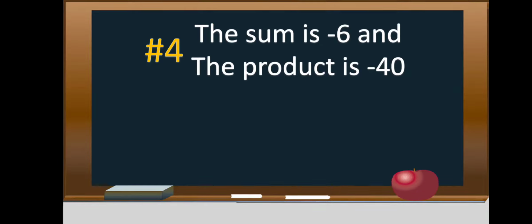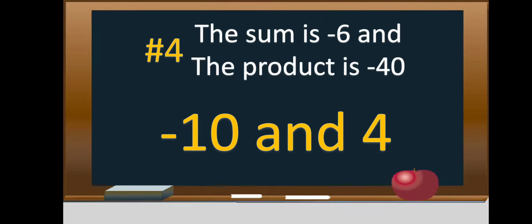Number 4. The sum is negative 6 and the product is negative 40. What are the numbers? Good. That is negative 10 and 4 because negative 10 plus 4 is negative 6 and negative 10 times 4 is negative 40.